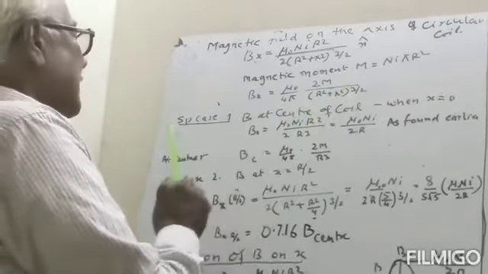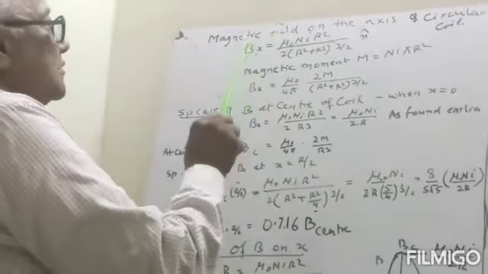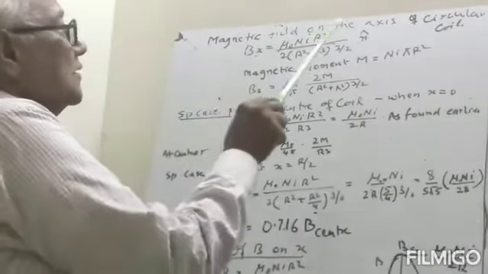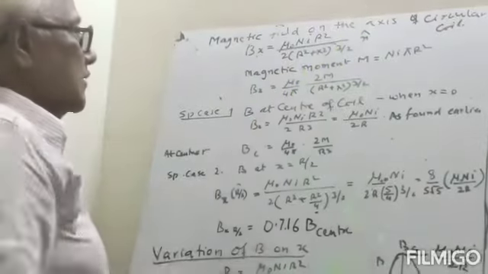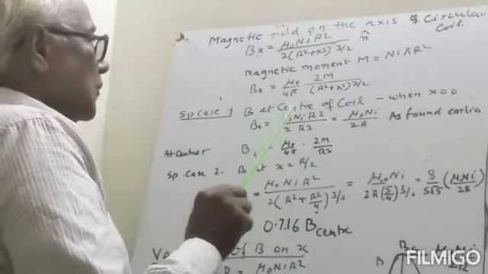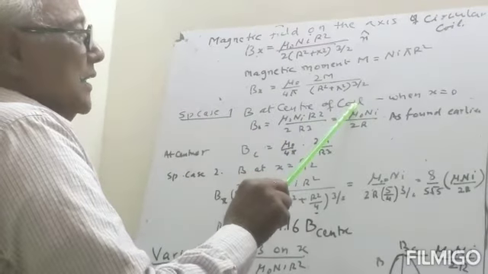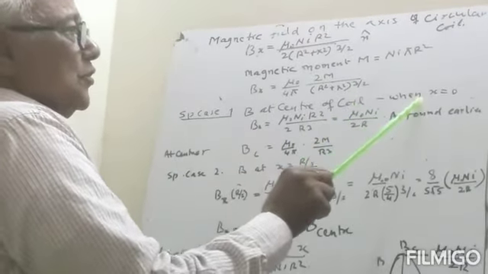Now we will take special cases for the magnetic field on the axis of the circular coil. Suppose we take the point which is at the center of the coil. It means x is equal to 0.